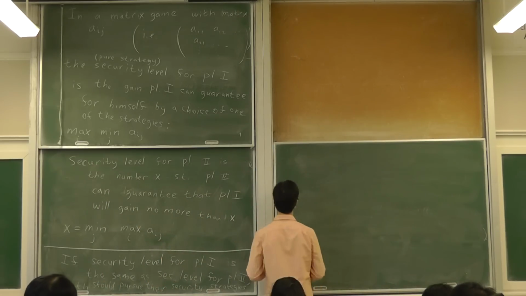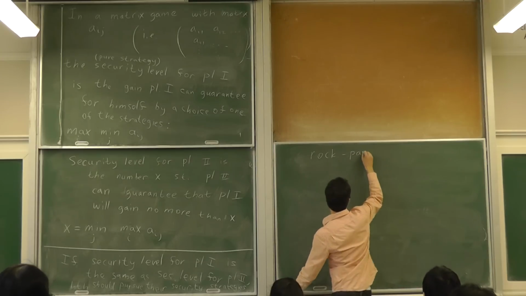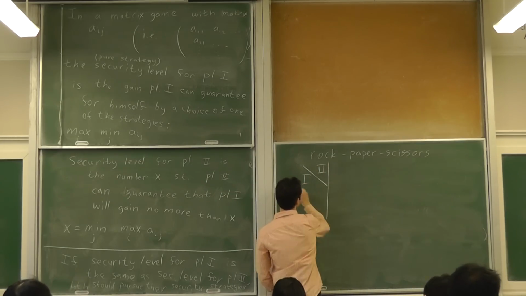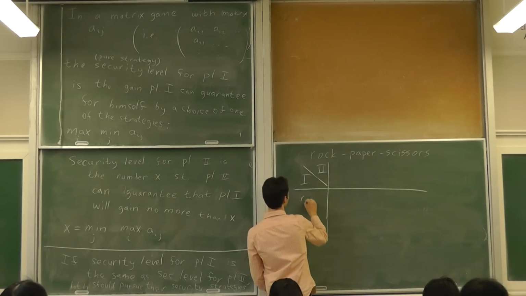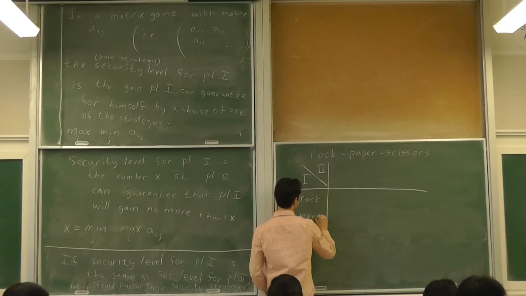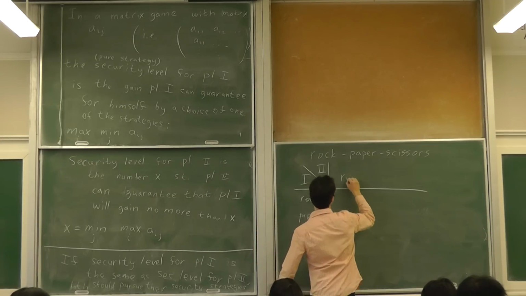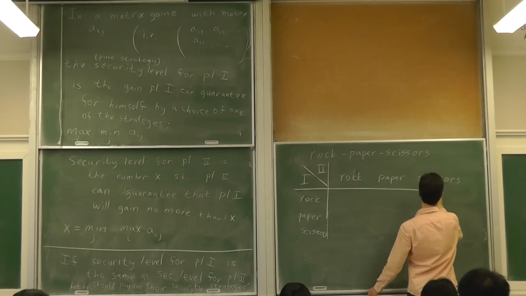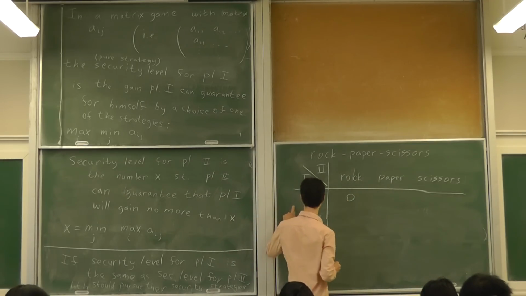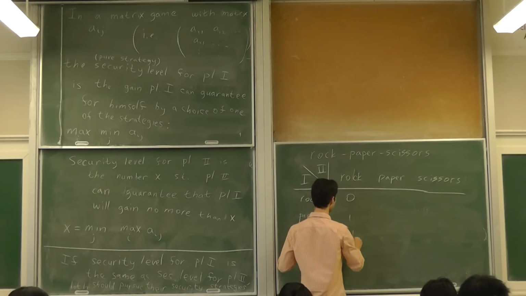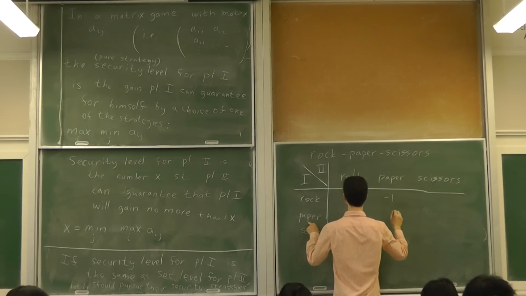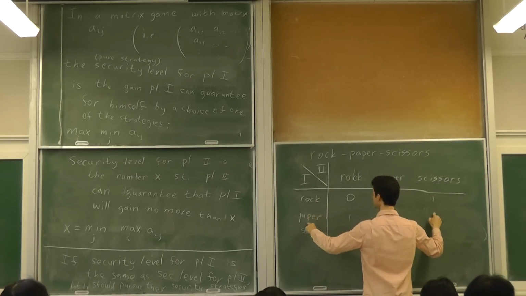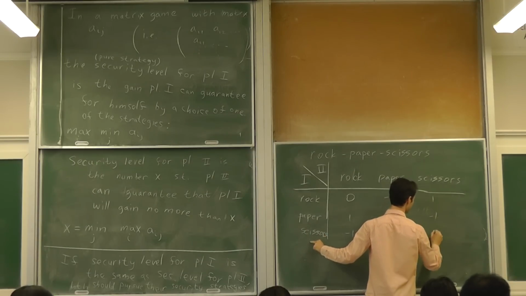So let's go back to rock, paper, scissors. The outcomes: rock versus rock is 0, paper versus rock is a win, scissors versus rock is a loss, rock versus paper is a loss, paper versus paper is a tie, scissors versus paper is a win, rock versus scissors is a win, paper versus scissors is a loss, scissors versus scissors is a tie.